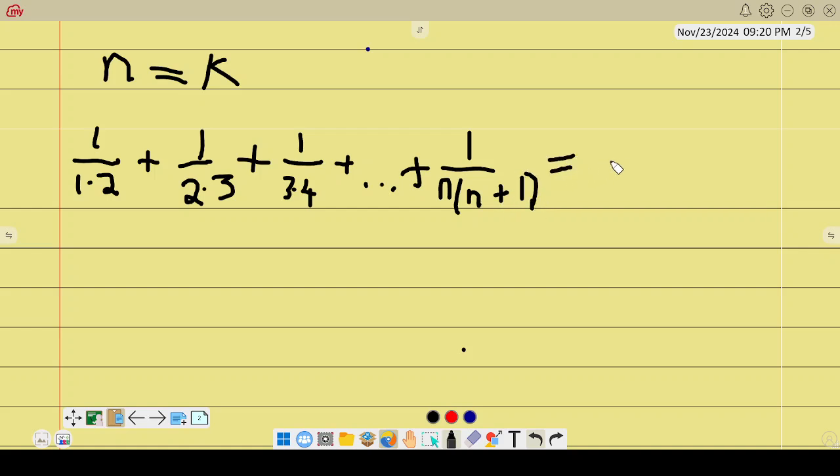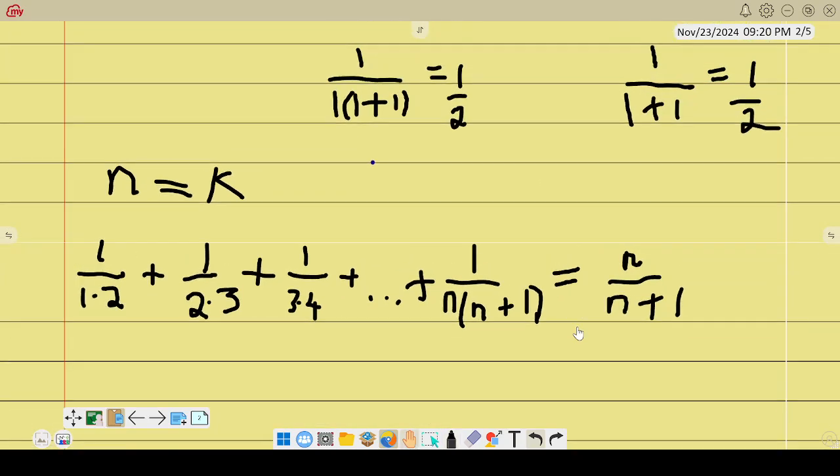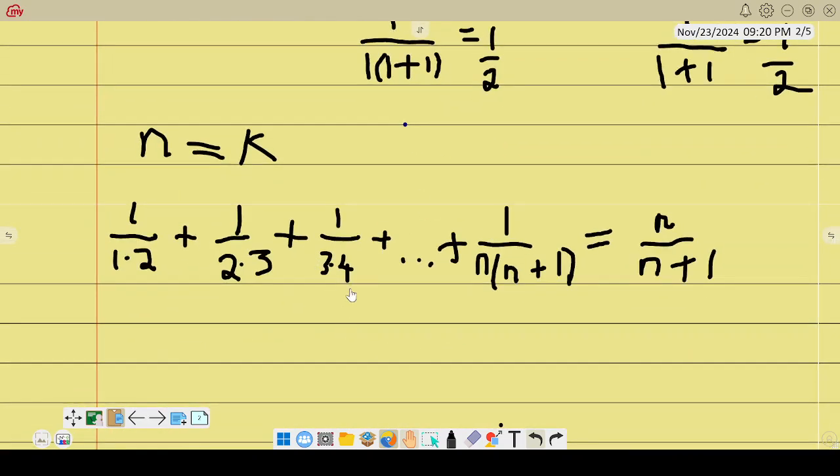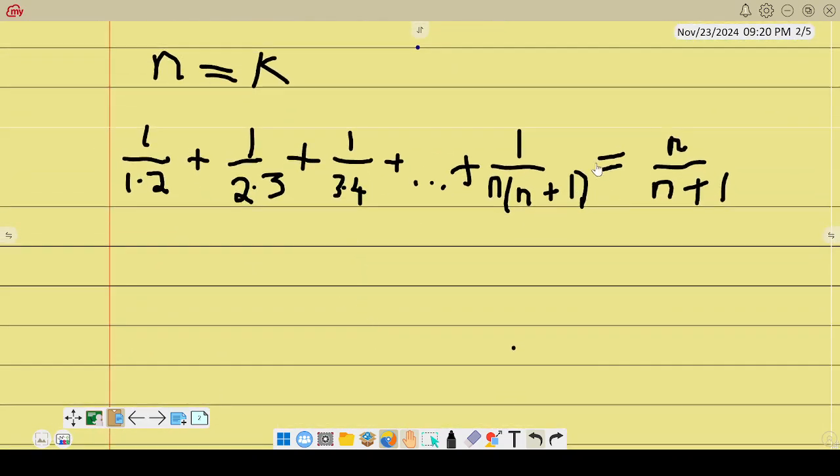So this is equal to n over n plus 1. I was just writing down 1 over 1 times 2, 2 times 3, 3 times 4, and that's what we have here.